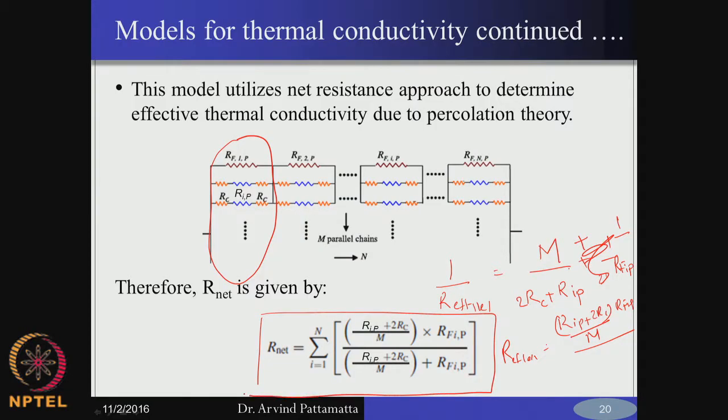And then finally what do you have? This is one set of effective resistance. Now, you have a series of them, capital N number of them. Therefore, the effective resistance should be the summation of this over n number of these nanoparticles. So, finally, from that you get this expression.